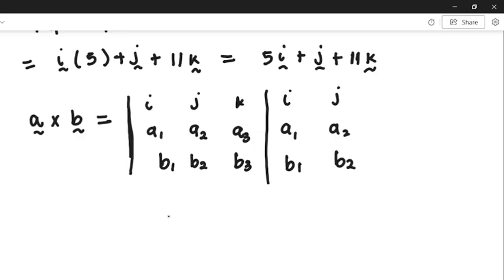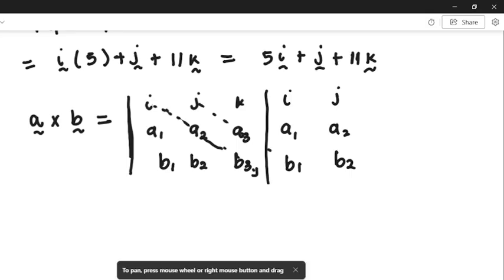And now we go like this. On the leading diagonal, the products we are adding, just the same way you get a determinant for a 2 by 2 matrix, you're using that concept. So this one is adding, adding, adding.